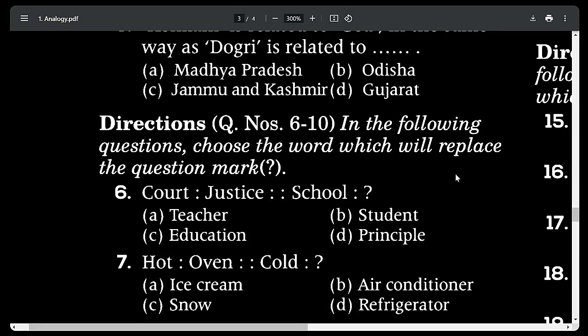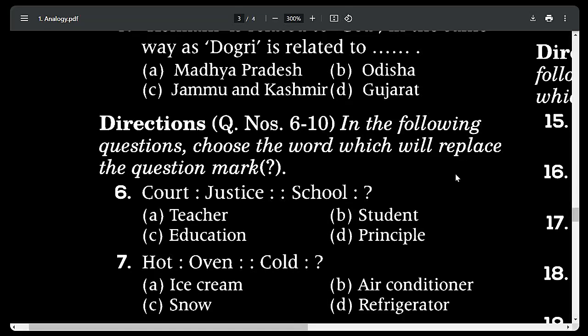No. First of all, what is the relation between hot and oven? Tell me. You know oven? Microwave oven, you know? Yes, sir. What is a microwave oven? Sir, heat.